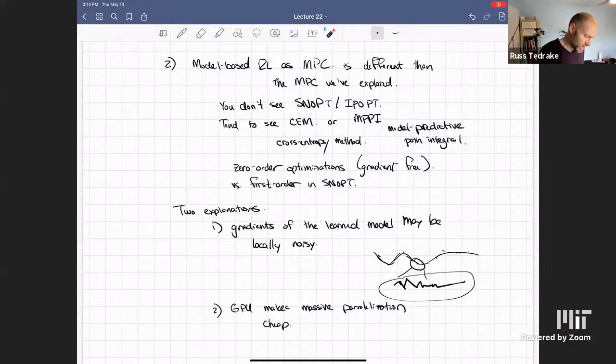So let me be more careful and say first/second order method for SNOPT, because it only demands that you supply gradients, but it uses those gradients to make a local Hessian approximation. When you solve a QP on each iteration, that's the generalization of Newton's method to do your descent, and you can include constraints in that, which is very powerful.